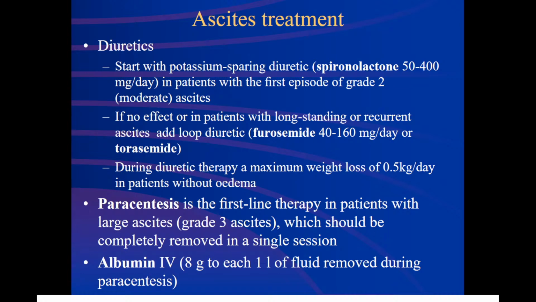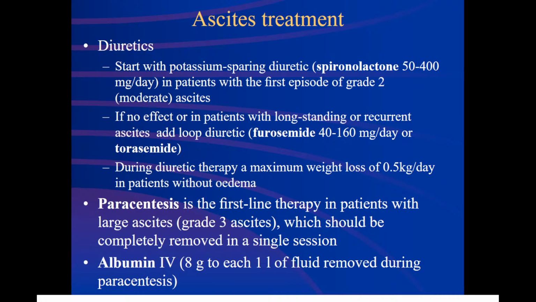If no effect, or in patients with long-standing or recurrent ascites, you should add a loop diuretic, furosemide. And you shouldn't force diuresis. Maximum weight loss has to be 0.5 kilogram per day in a patient without edema.